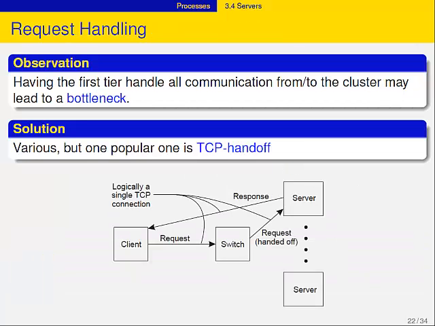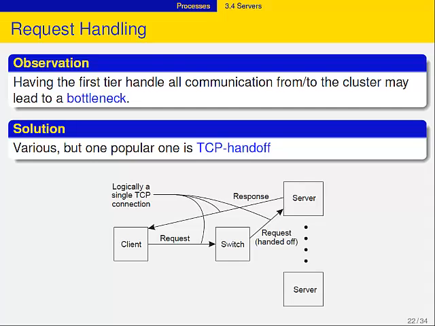Now, let's focus a bit on the request handling. This is actually kind of important. Although variations on this theme actually occur. If you take a look at web servers, what you often do is you send a small request to a web server, and let's exaggerate a bit, you get a lot of data back. Okay?